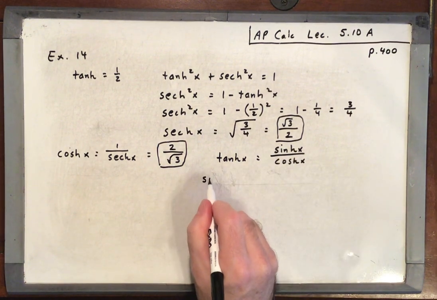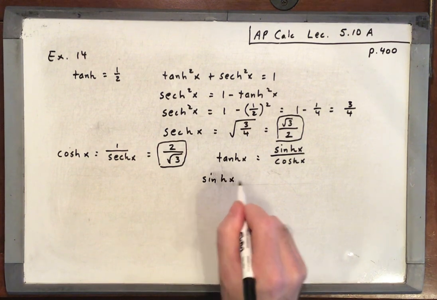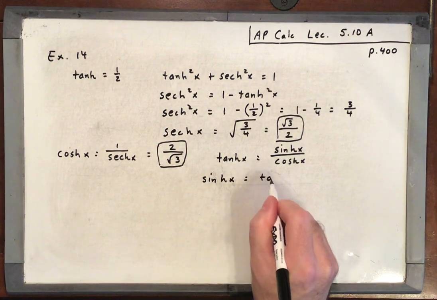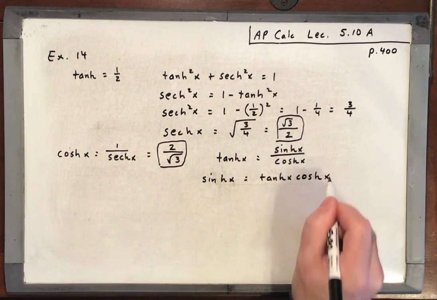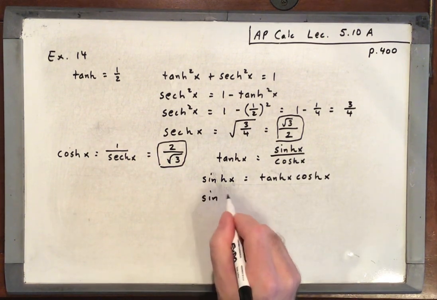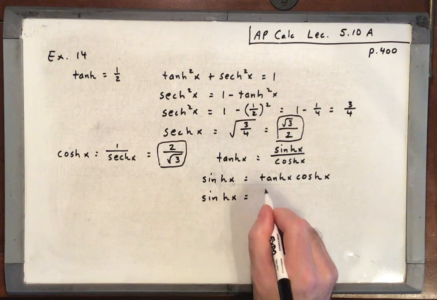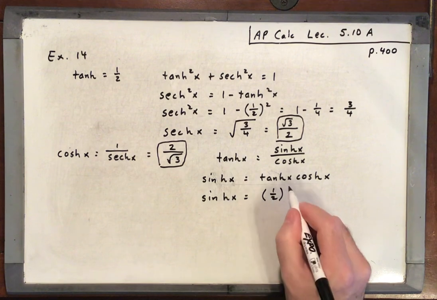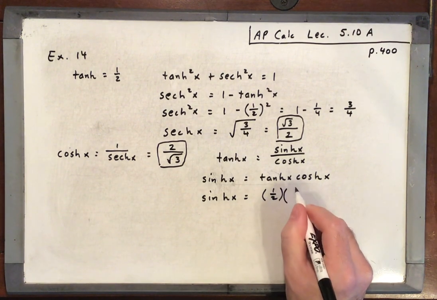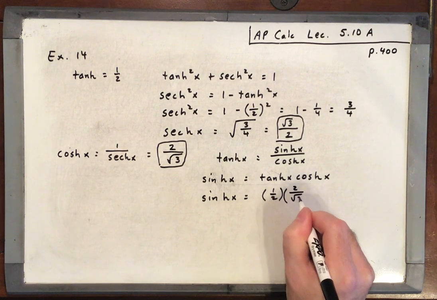So to get hyperbolic sine, we don't have that one yet. We can rearrange that equation. It's hyperbolic tangent times hyperbolic cosine. So hyperbolic sine would be 1/2, because we know hyperbolic tangent's 1/2. It's where we started. Hyperbolic cosine, we just figured out. That's 2 over the square root of 3.